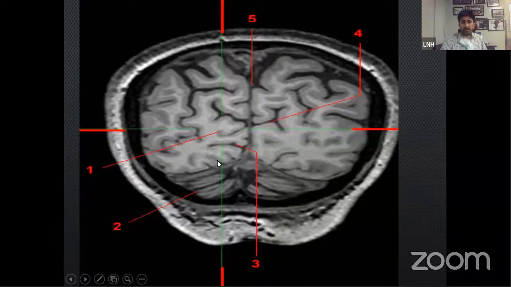Just lateral to the lingual gyrus is the post fusiform gyrus. And here we can see the small indentation, which is the occipito-temporal sulcus, which separates the post fusiform gyrus from the inferior temporal gyrus. So now everyone is clear.